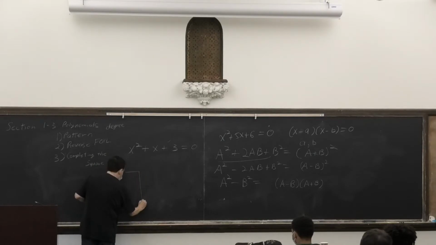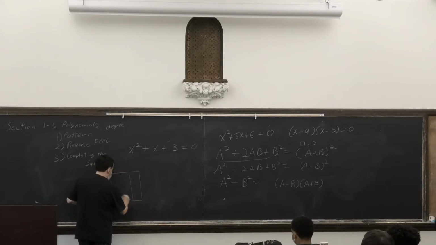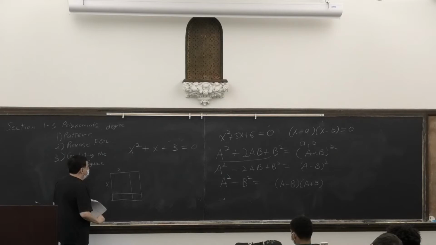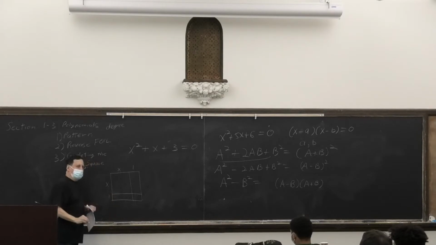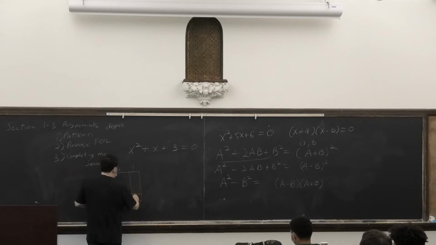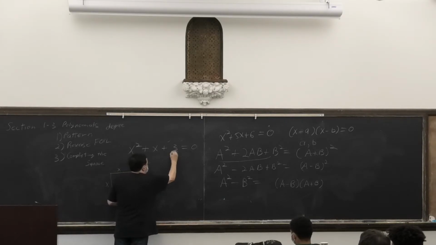The idea, and where the name comes from, is you think, well, okay, I've got an x here, got an x here. This has a coefficient of 1. I'm trying to make a perfect square here. So what I have is a 1 down here, but that's not what I have here. But that's okay.